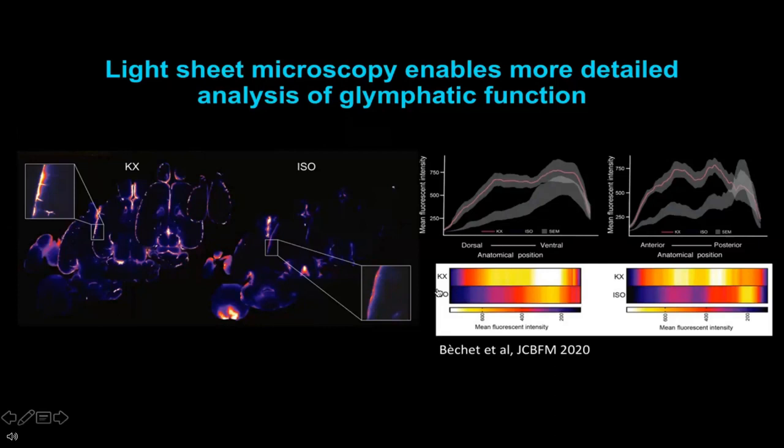And we also found that, of course, by sampling the entire brain with light sheet imaging into 1,000 images of the mouse brain, we were able to perform additional segmentations.